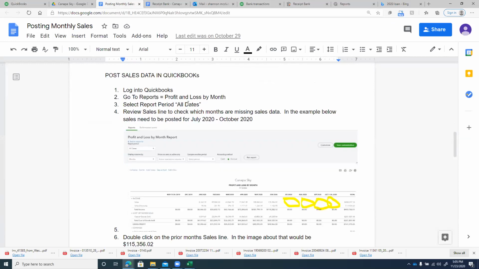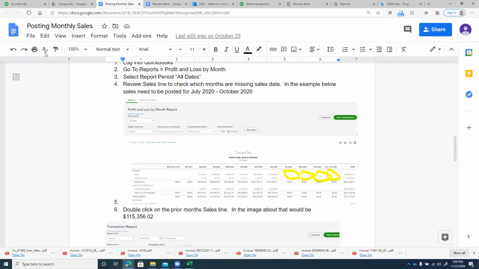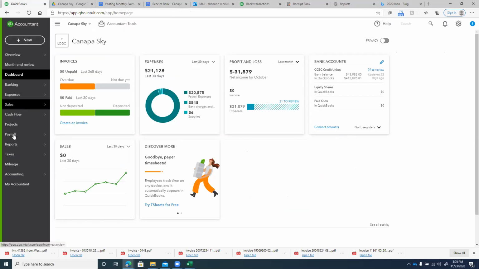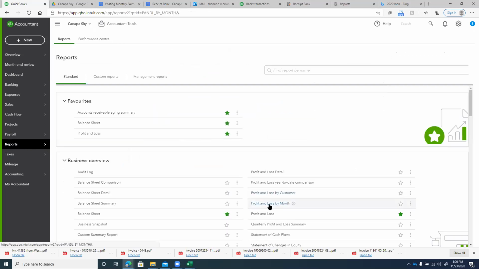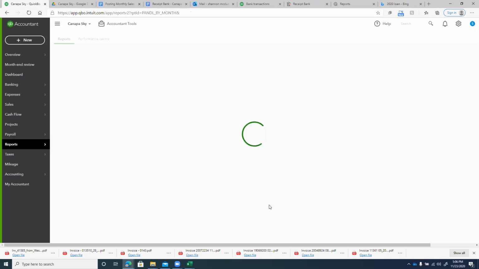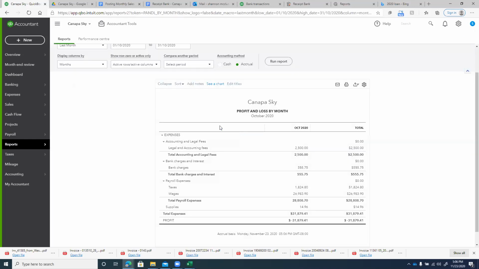We're going to run a profit and loss by month for all dates. This is just to help us figure out which months we need to post. So reports, profit and loss by month. Notice up here we're in Canapa Sky. Once you select Canapa Sky, the company will be the same company the whole time.